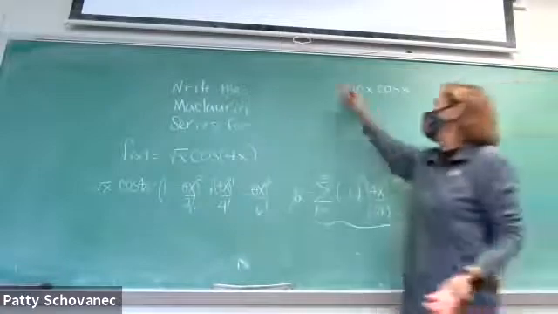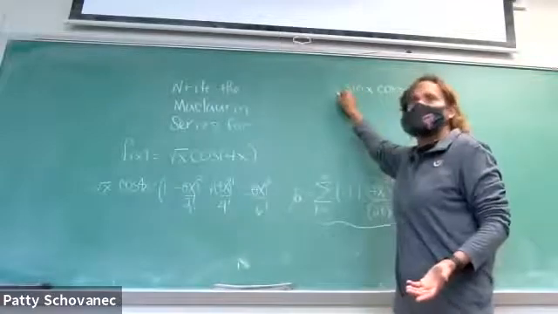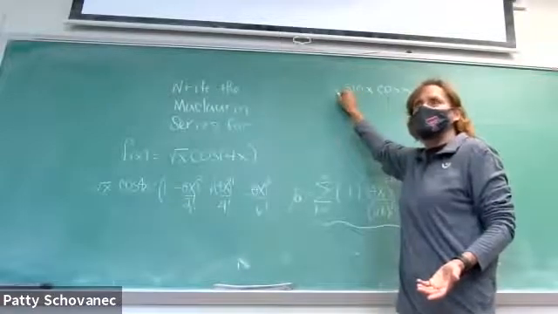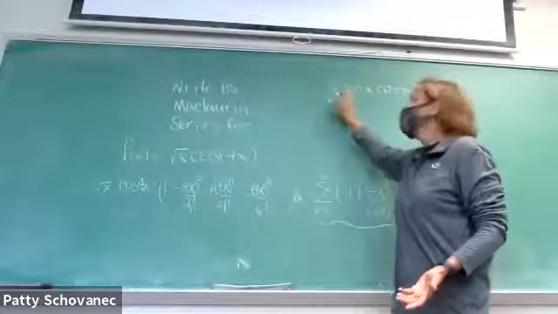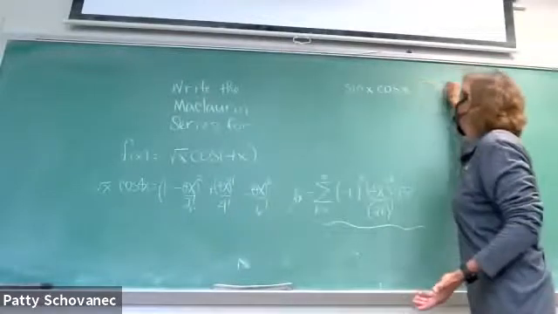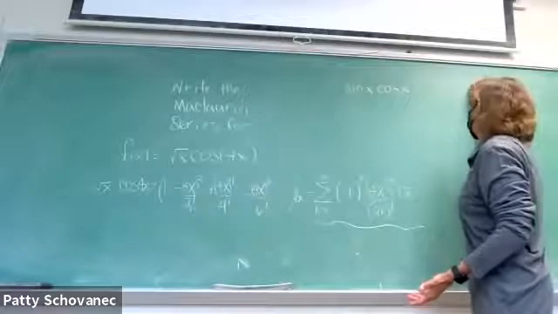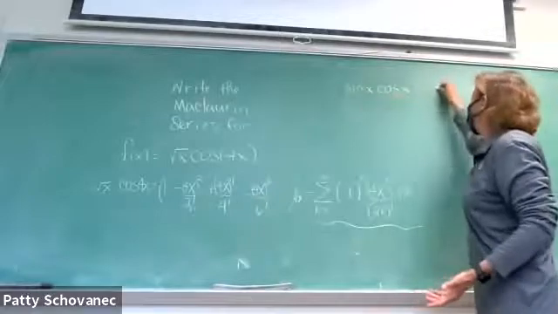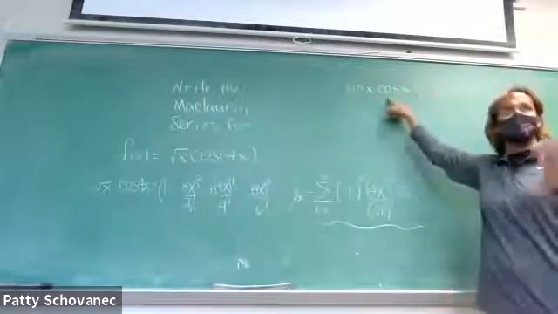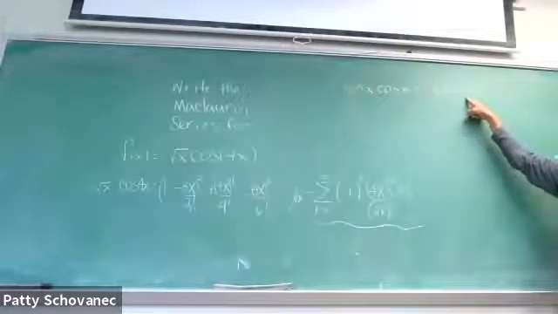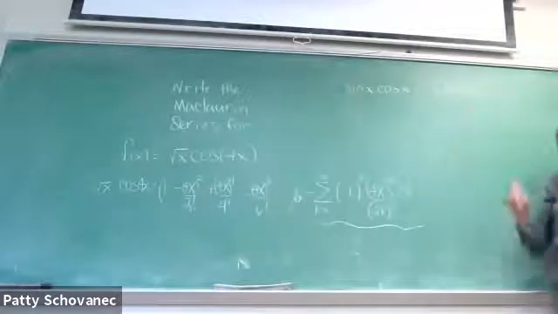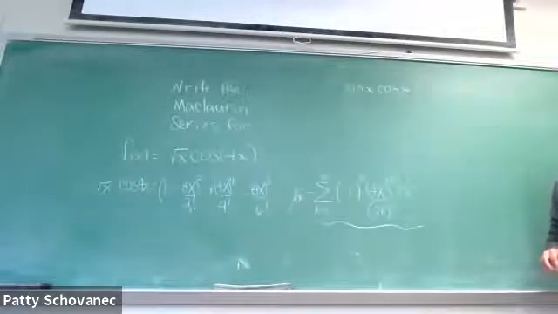What's the identity for 2 sine x cosine x? It's the sine of 2x. And then if I move that 2 over, to get the power series for this, I write the power series for the sine of x, replace each x with 2x, and then multiply the whole shebang by 1/2.